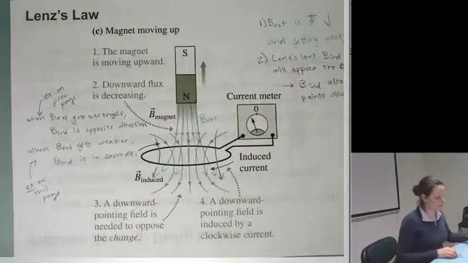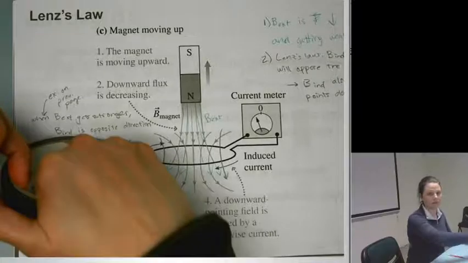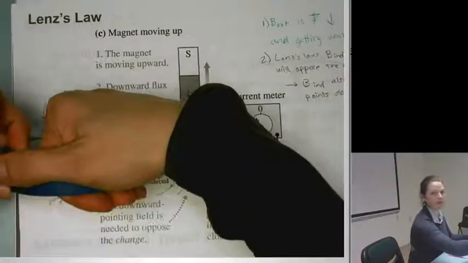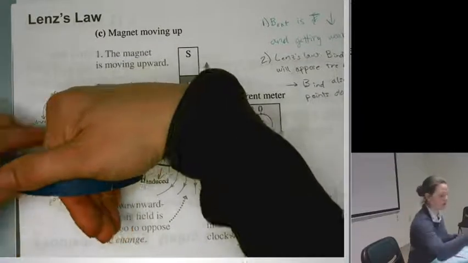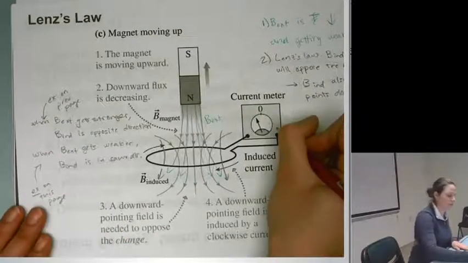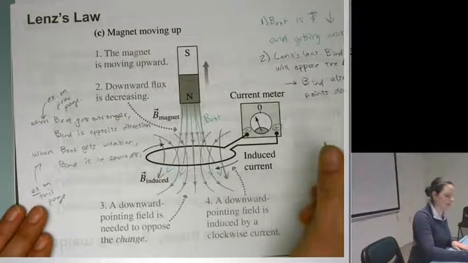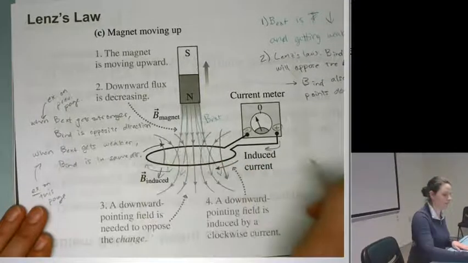And we could use the right-hand rule again, where now we want our fingers to point down in the middle of the loop. So my fingers point down in the middle of the loop, and that means that my thumb wraps in this direction. So the current is coming out of this positive terminal and into the negative terminal and around like this.